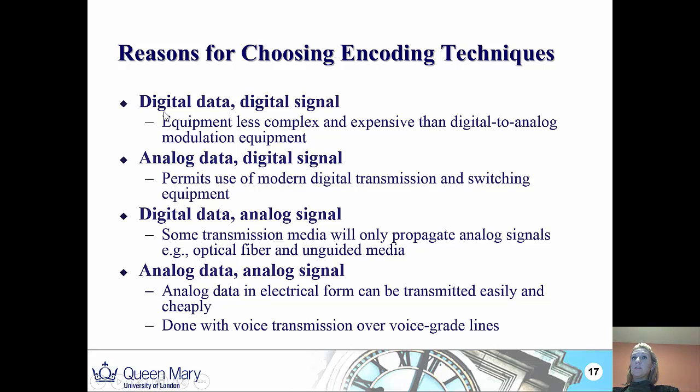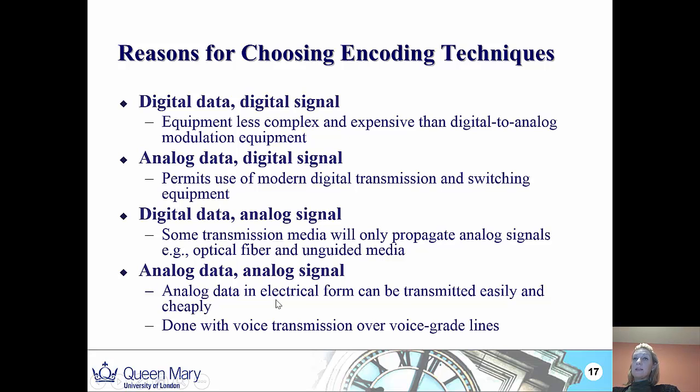In the case of digital data and digital signals, for example, the equipment is less complex and expensive than digital to analog modulation equipment. The data will be transmitted in a digital way using digital signals. In another example, we're transmitting analog data using analog signals.